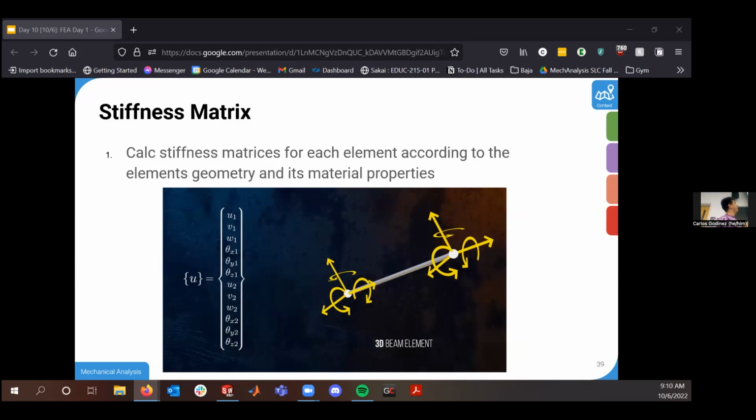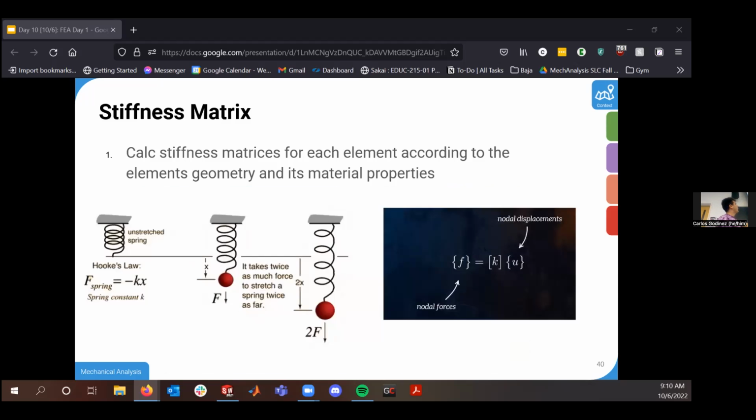From this many degrees of freedom, I'm going to make an assumption about how each element is going to deform that is roughly based on Hooke's law. Remember Hooke's law from high school physics: you have a spring, and the spring force is equivalent to your spring constant times how much displacement it's moving.